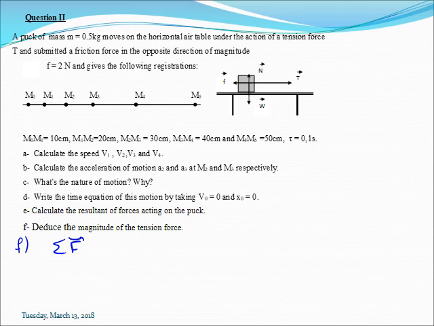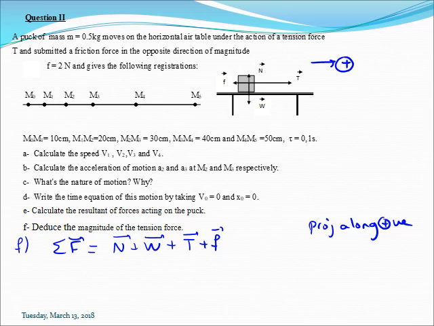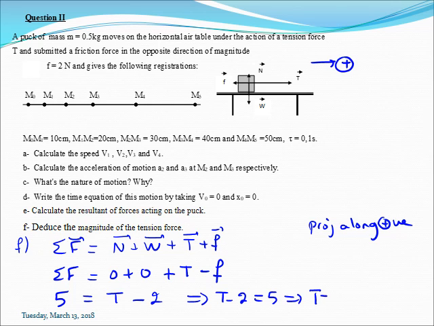Summation of forces equal N plus W plus T plus F. Projection along the positive direction: summation of forces equal 0 plus 0 plus T minus F. So summation of forces equal 5 equal T minus F, then T minus 2 equal 5. So T equal 5 plus 2 equals 7 Newton.